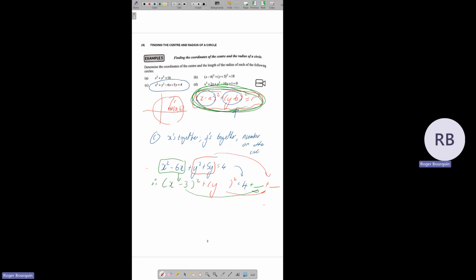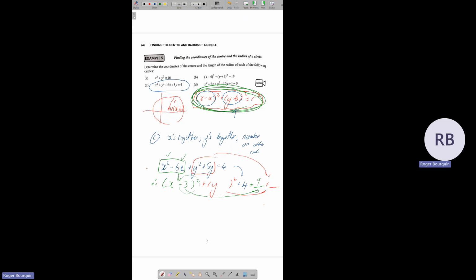Now, by forcing that number, if you multiply this back out, square the first term, you get x squared. How do I square a binomial? Times together and times by 2, I'd get negative 6x. But now, negative 3 squared is positive 9. You've unbalanced the left. You've added 9 to the left-hand side of the equation. So to rebalance it, you've got to add 9, think of those old scales, to the right-hand side of the equation.